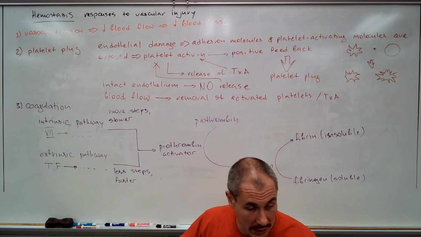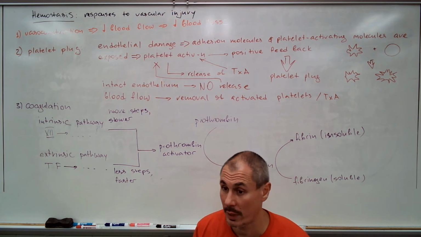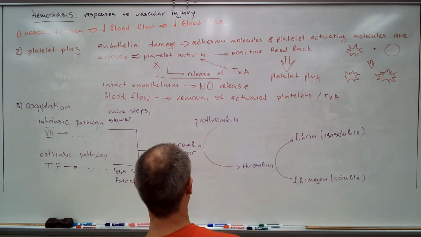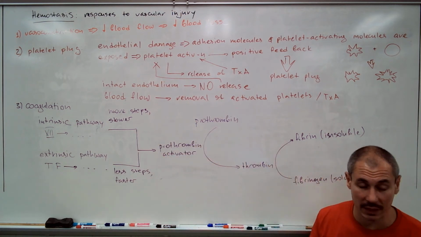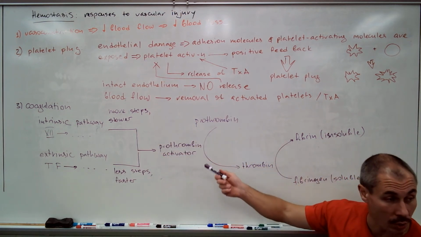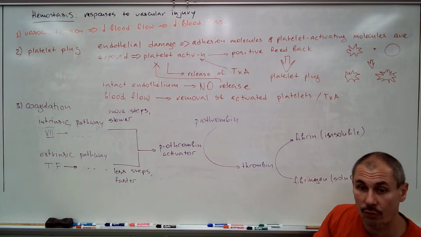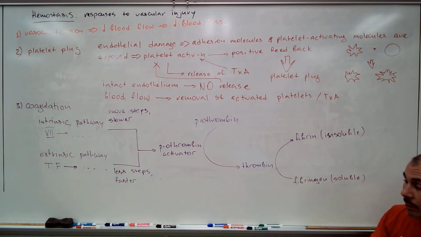So the extrinsic pathway gets involved. Both pathways converge on prothrombin activator. Prothrombin activator activates prothrombin, which, as the result of activation, forms thrombin. Thrombin is basically the enzyme itself.